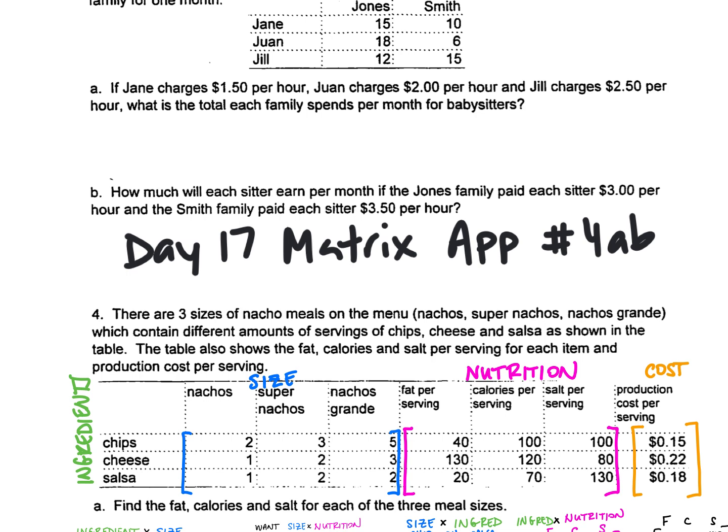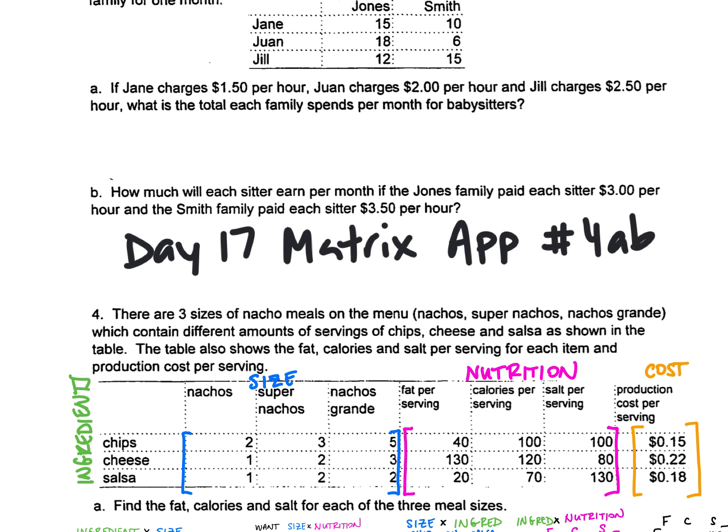The second matrix is our ingredients again as our rows by the nutritional content: the fat, the calories, and the salt. So I called that nutrition. And then finally, this last matrix over here on the right, again, is our ingredients: chips, cheese, salsa, by our production cost. If at any point of this video it's going too fast, you can always pause it.